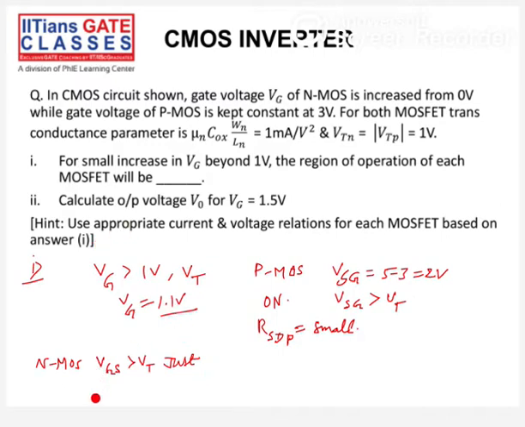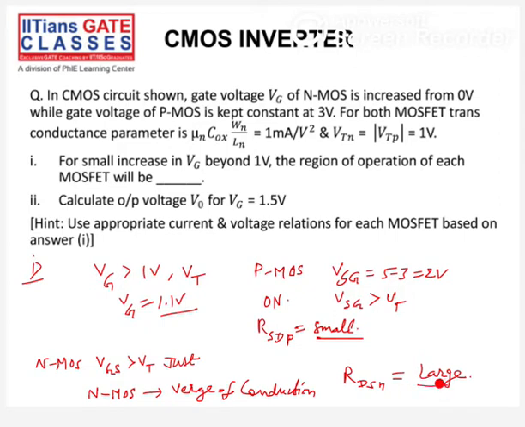The NMOS is not fully conductive, it is at the verge of conduction. If it is at the verge of conduction, its drain to source resistance RDSN will be large. It was small and it is large.